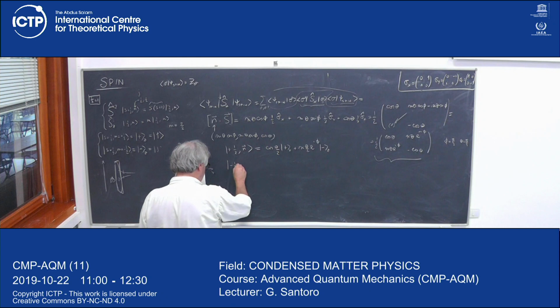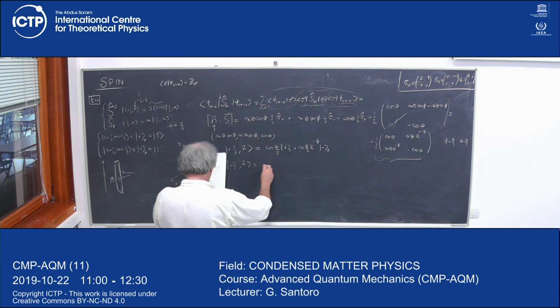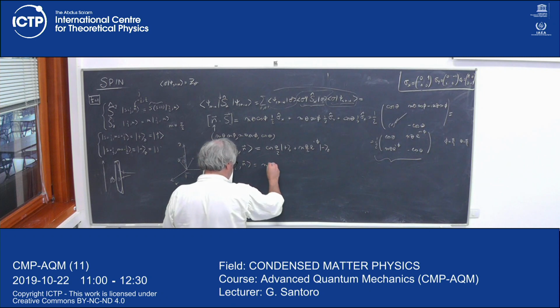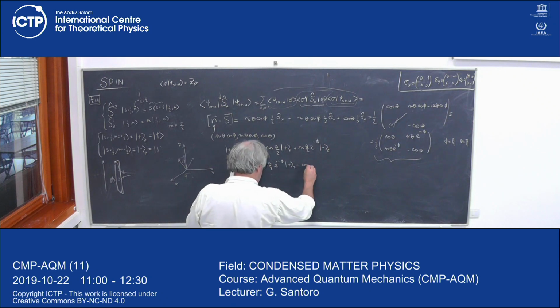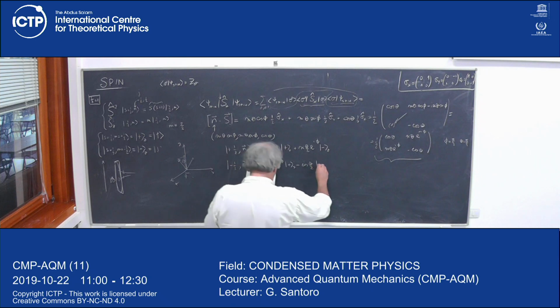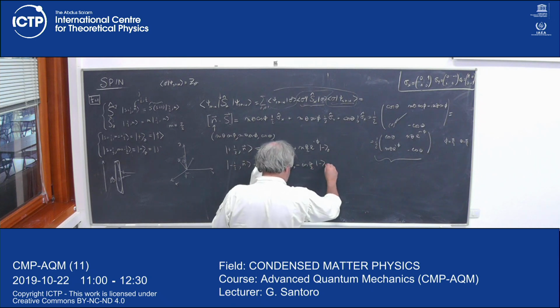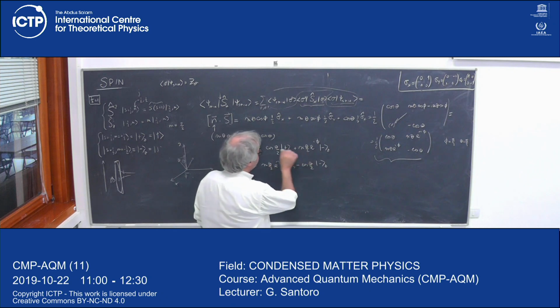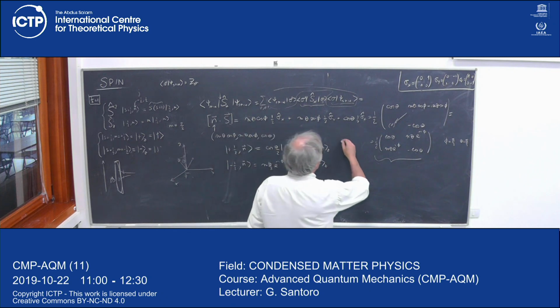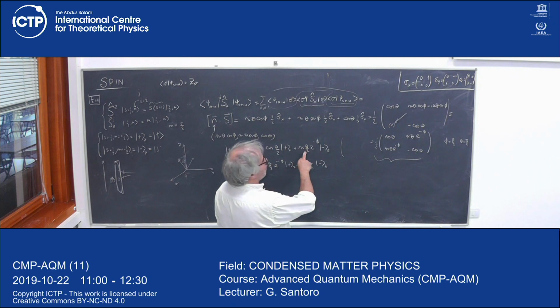And the minus 1/2 state along n is equal to sine of theta over 2 e to the minus i phi plus, minus cosine of theta over 2 minus.